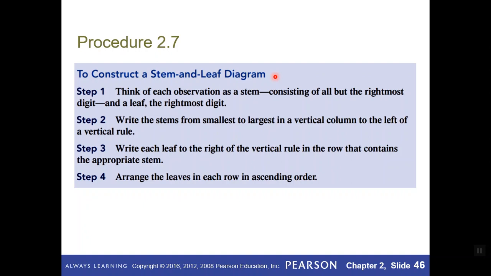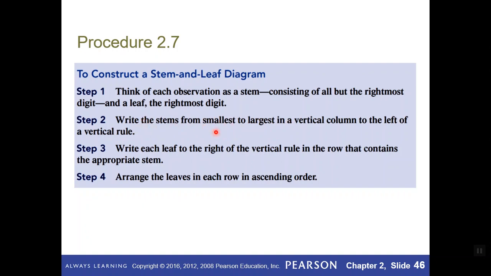Okay, left side. Think of each observation as a stem, which consists of all but the rightmost digit, and a leaf, the rightmost digit. Step number 2, write the stems from smallest to largest. This is really important.